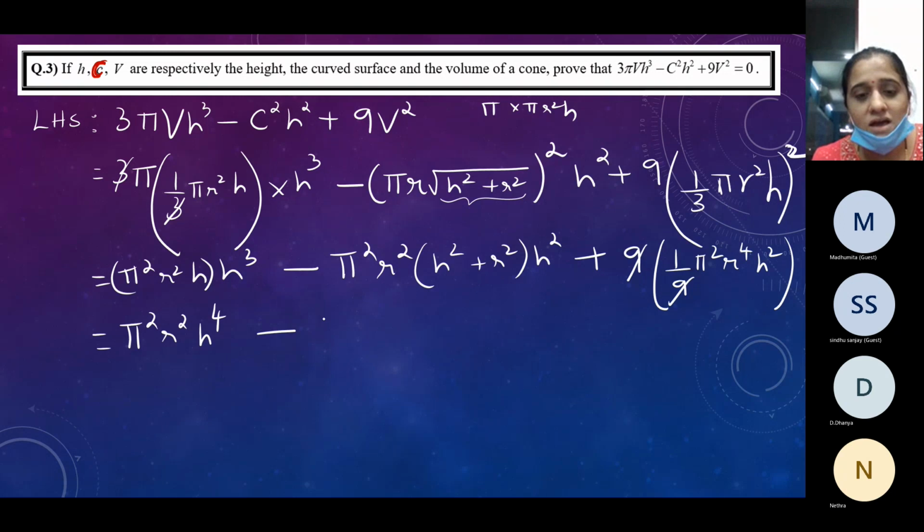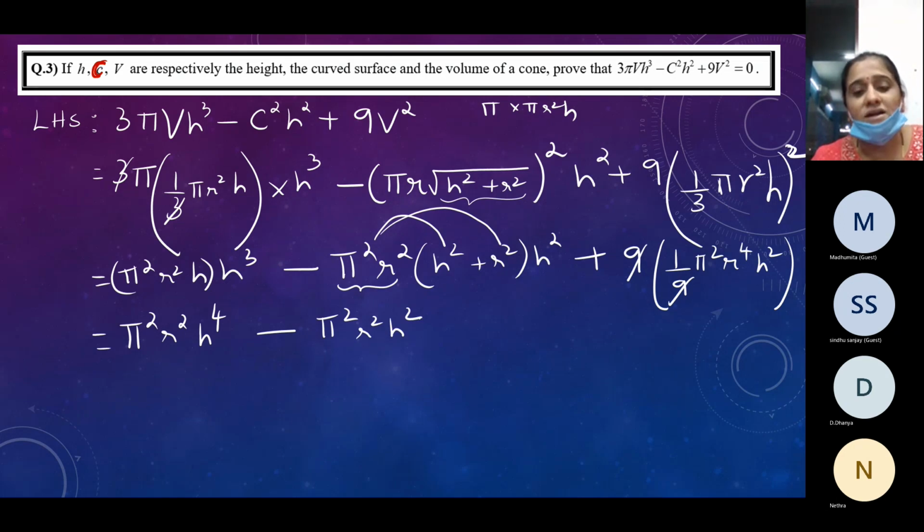Minus, yeah. Now you need to multiply this with h square and this with r square because they're two different terms. So it will be pi square r square h square. And can you see another h square here, children, outside? Yes, ma'am. So you'll have to multiply like this.